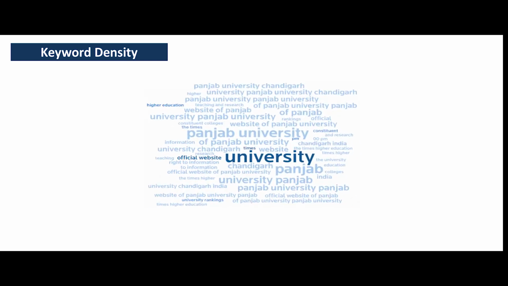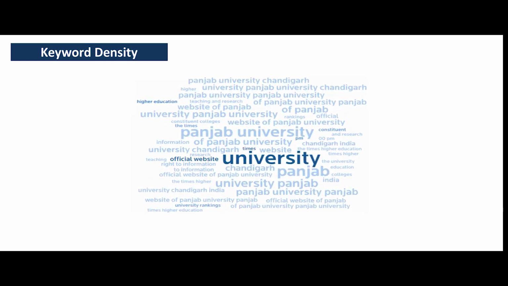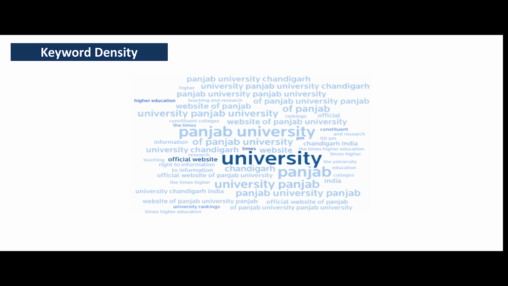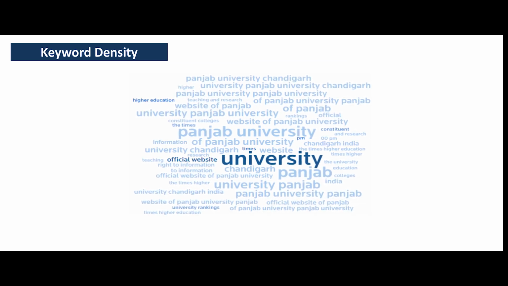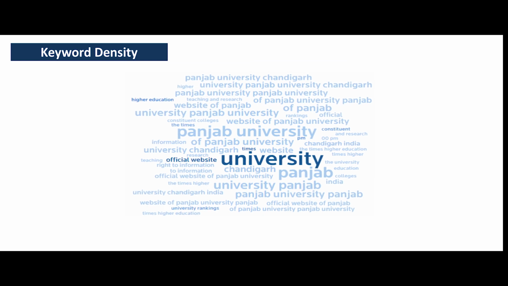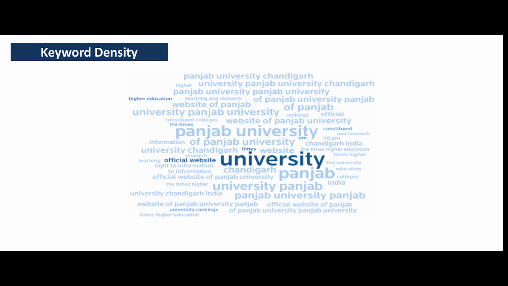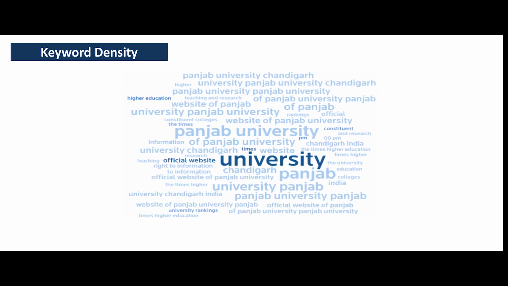Keyword density. Another technique of content optimization is keyword density. What is keyword density? How to measure it and optimize it? I have already discussed this in one of the previous modules. Here, I will discuss one more very popular extension of the Chrome browser.